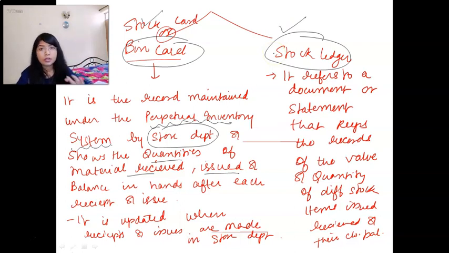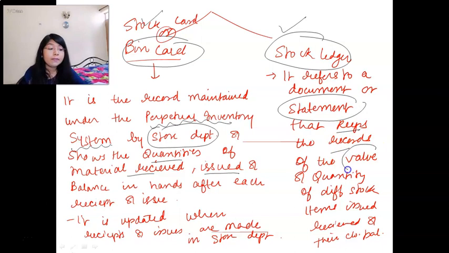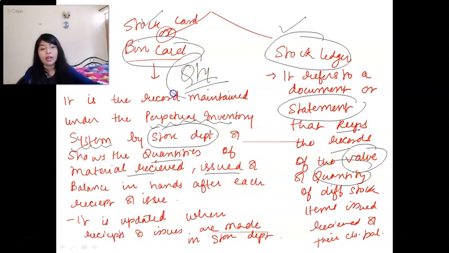It also works on a perpetual inventory system. It refers to a document, or you can say a statement, like a profit and loss statement. You have a stock ledger account, like you have a cash ledger account, that will keep the record of the value and the quantity.